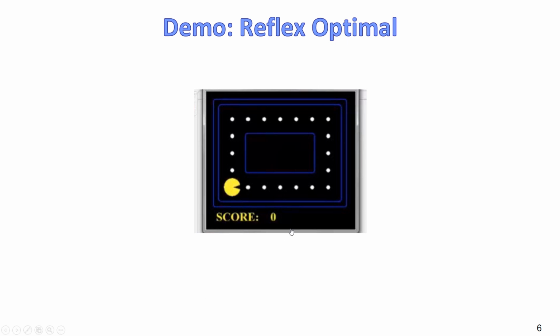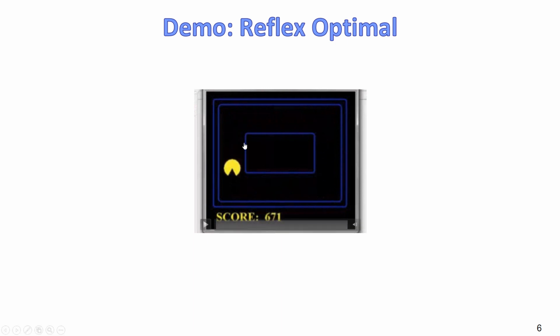Let me show you what happens with that strategy. So you saw that it ate all the dots. Was that optimal? Seems yes. I don't think there is a better solution to that. It ate all of them with the least cost, with the least time. So it was optimal in that case.